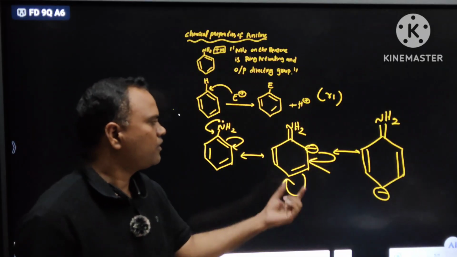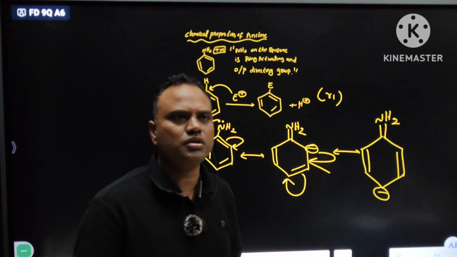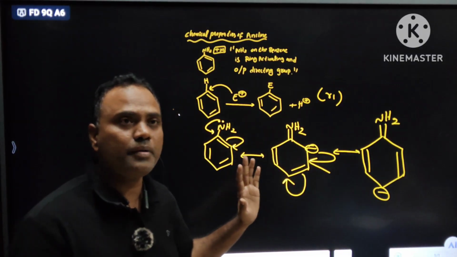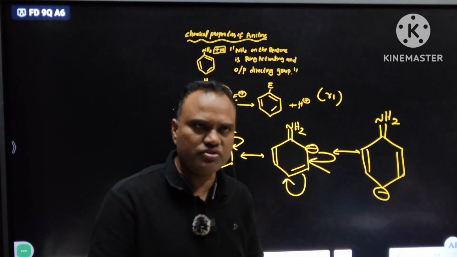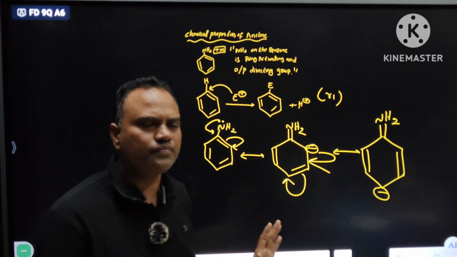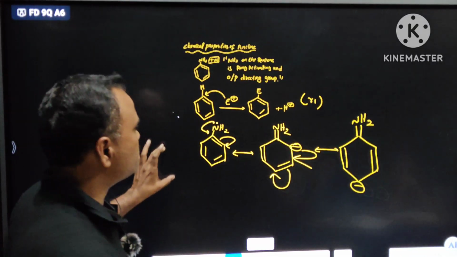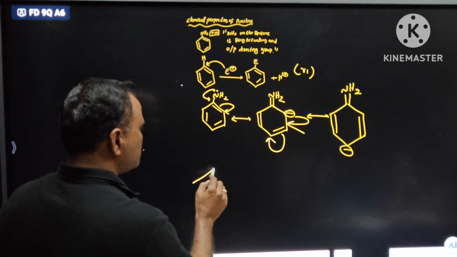Now observe where negative charge is accumulating. In the ortho position and in the para position. When NH2 is present on the benzene ring, if you get any confusion with these bond shiftings, nothing will happen. But remember one point. You need not learn these bond shiftings.